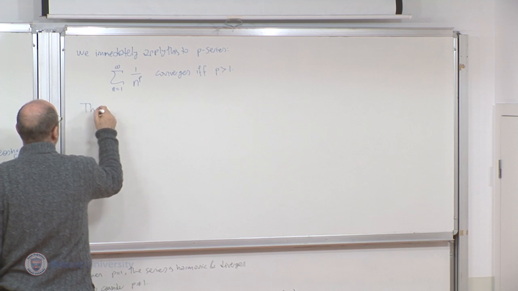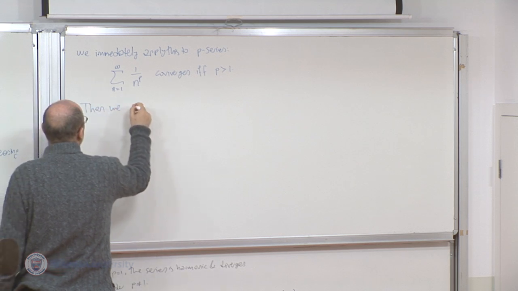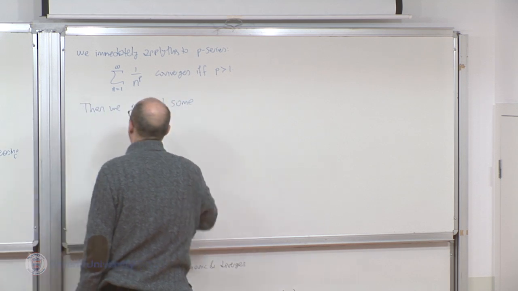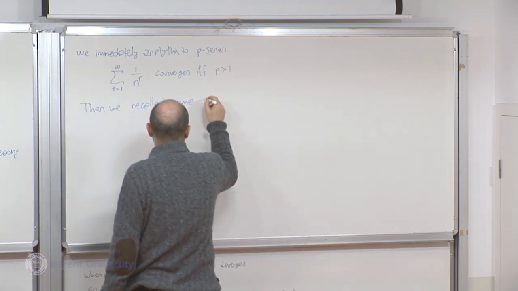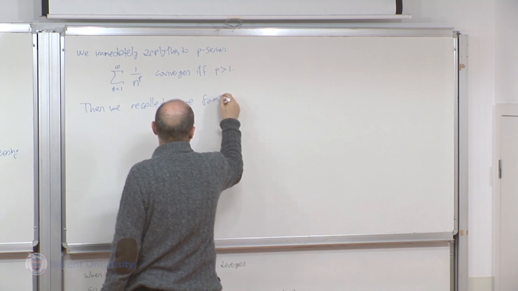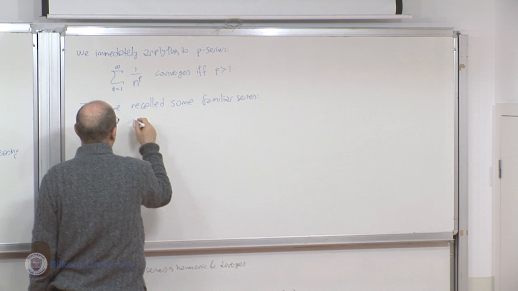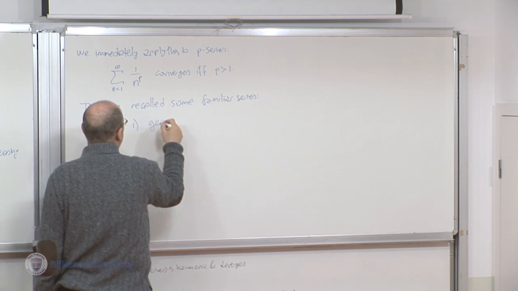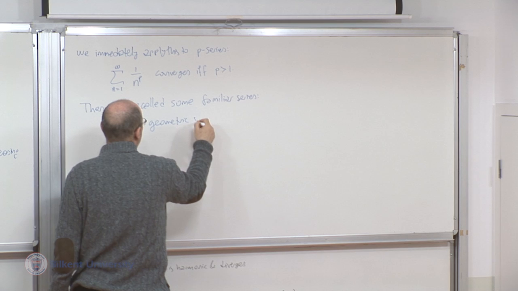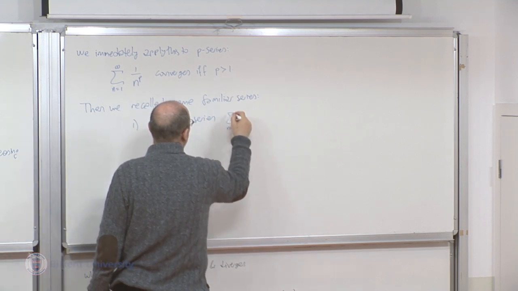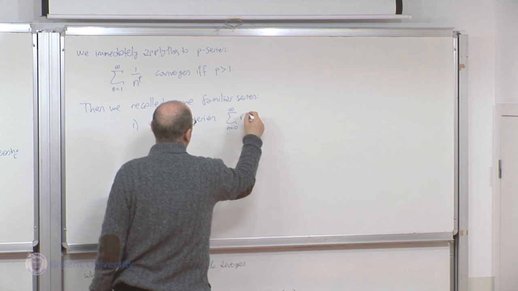Okay, so we also then recalled some familiar series. One of them was the geometric series. Summation n equals 0 to infinity r^n.